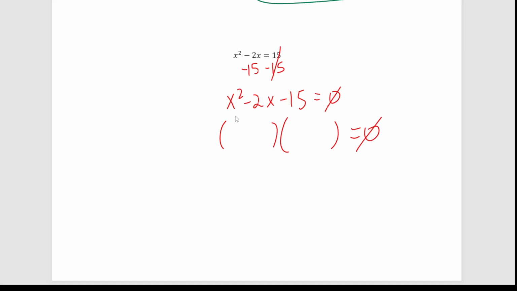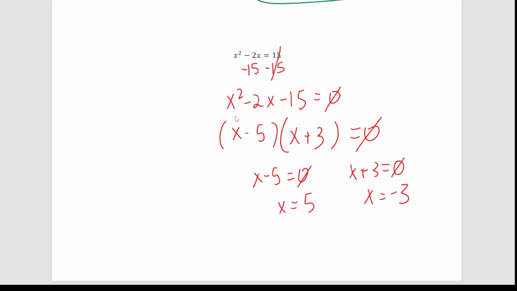In this case I want to multiply to c and add to b, so multiply to negative 15 and add to negative 2. That would be negative 5 and positive 3. And then when I set both of these equal to 0, I end up with x is positive 5 and x is negative 3 as our final beautiful answers.